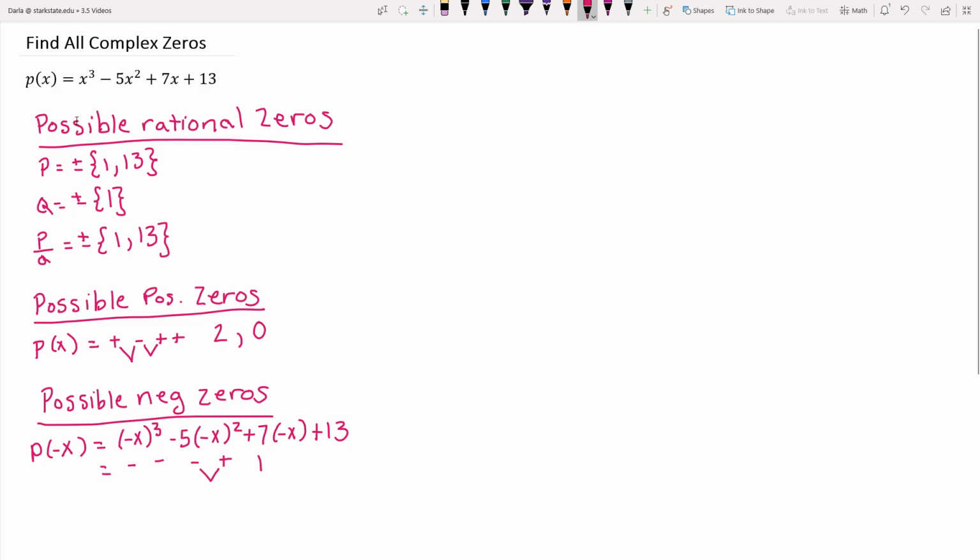So then moving on from there, we'll go ahead and do our upper bound testing. And with our upper bound testing, we're going to focus on the positives. So if we focus on the positive rational zeros that we had, our focus is going to be on 1 and 13.